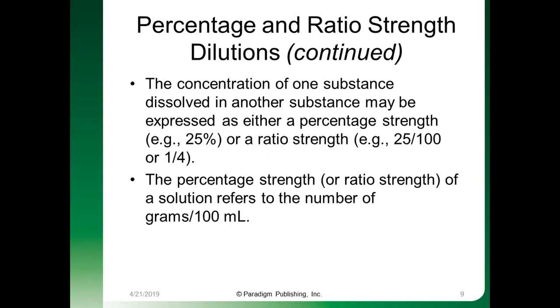So we're back to this famous fraction, where a percentage is written as grams for every 100 mLs, or the same thing in the ratio strength. Remember, it'll be grams in every 100 mLs. So for this example, 25% is 25 grams per 100 mLs.